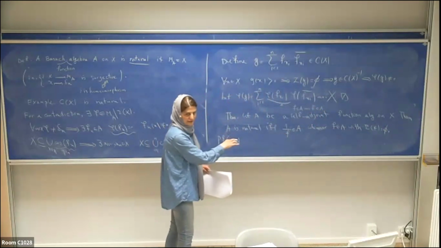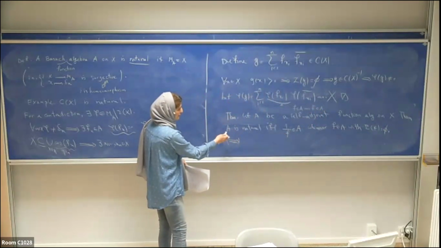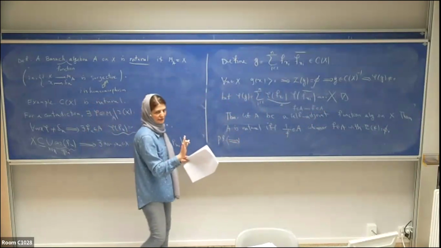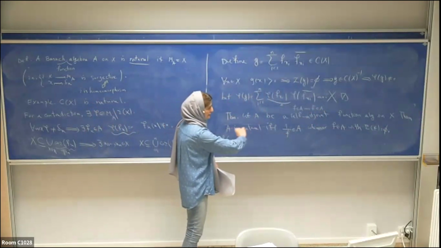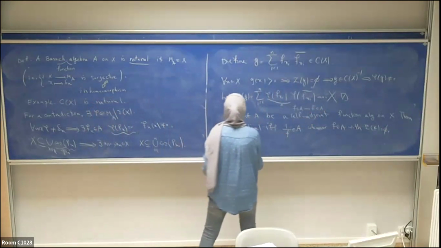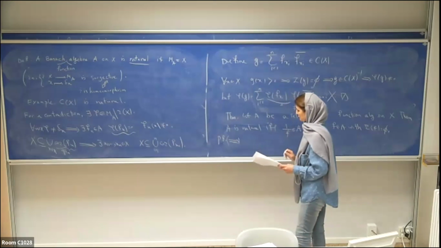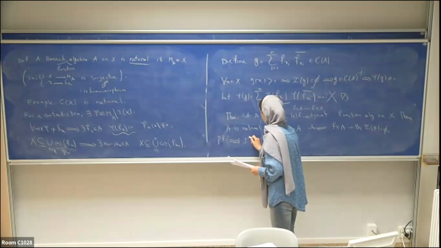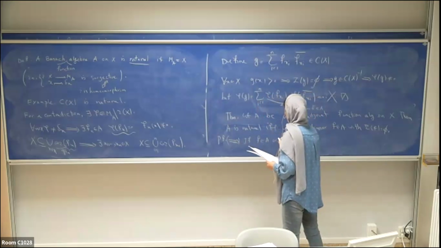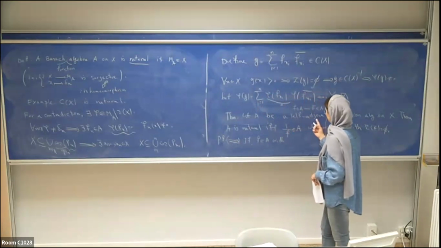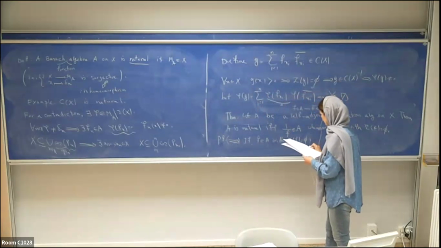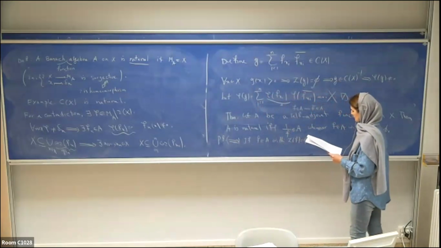This part is really easy, and the second part, the converse, is also like this. It's enough to change C of X to A, nothing more, and I just leave it as an exercise. But this part is really easy, so let me prove it. I want to show that if it's natural and self-adjoint, we have this property. If F is in A with Z of F empty, it's actually the second star theorem.